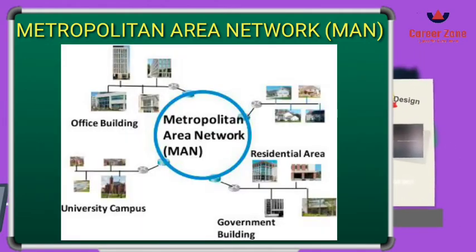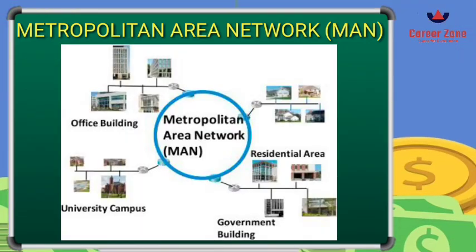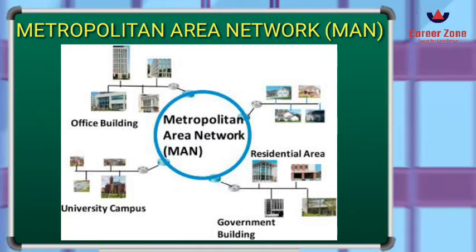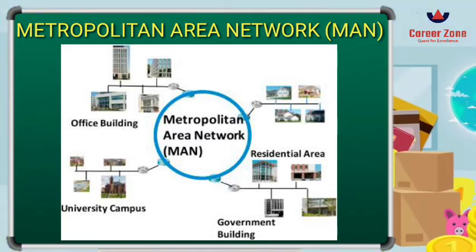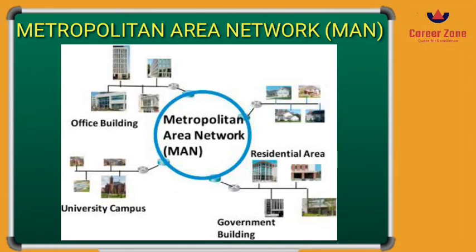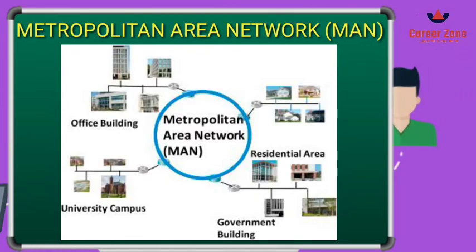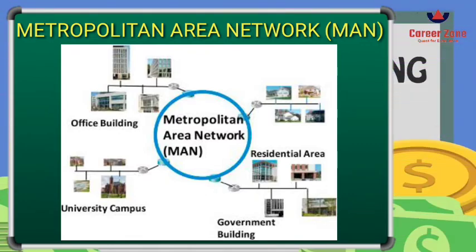You can see the diagram here where the office building has computers connected together providing services, a residential area or a government building, an apartment or a colony where computers are connected together and sharing information, and a university campus where you can find the Wi-Fi or internet connection where you can connect your computer and share your information. Those kinds of networks which are formed inside the university campus or in the residential area and particular apartments in the city can be called a metropolitan area network.